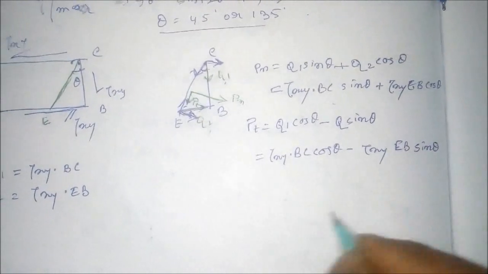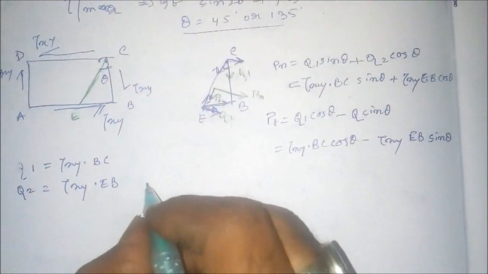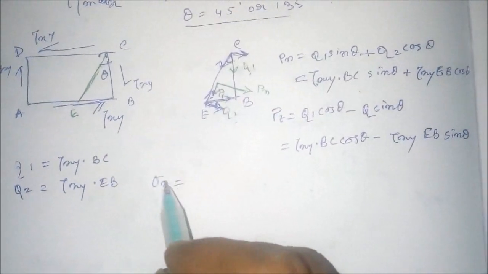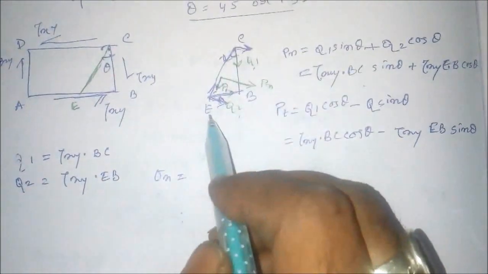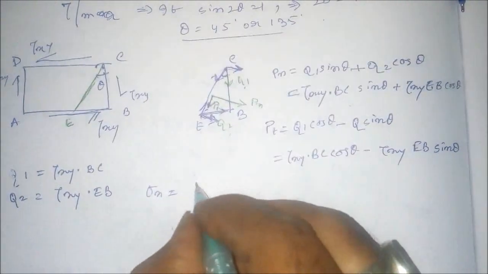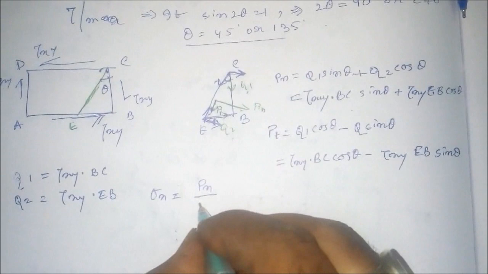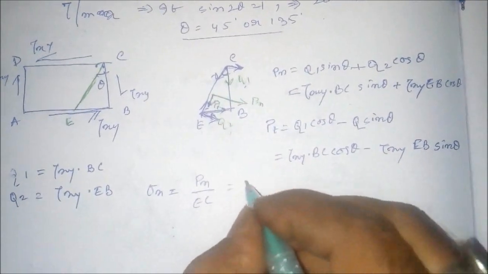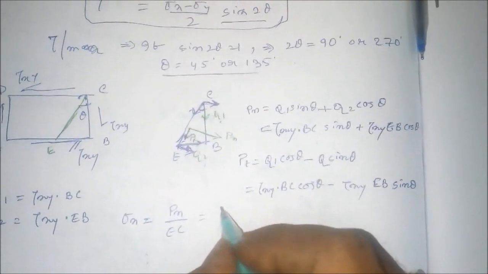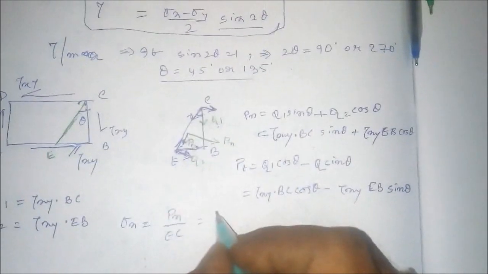Now what will be the value of sigma n? What is sigma n? Sigma n is the normal stress on the plane EC. Sigma n will be equal to the force divided by the area EC, right? So this value will be similar to the last example.